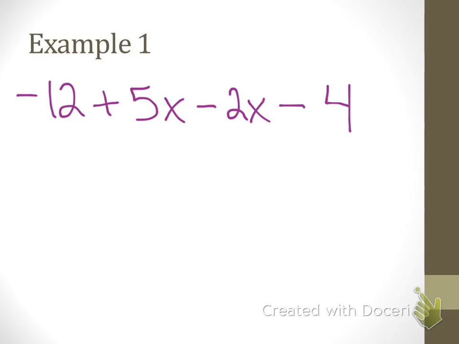Well, in order to simplify it, I can only combine the like terms, so I have to identify them. What is a set of like terms here in this expression? What like terms do you see, Justin? Negative 12 and negative 4. Very good. Negative 12 and negative 4. So now you ask yourself, same sign or different? Same, so what do we do? Add and keep. Add and keep. So negative 12 plus negative 4 is? Negative 16. Negative 16.